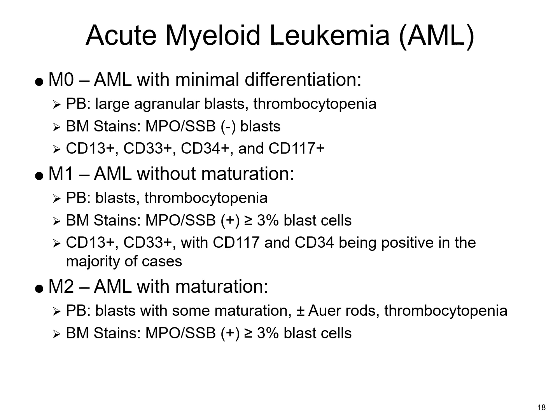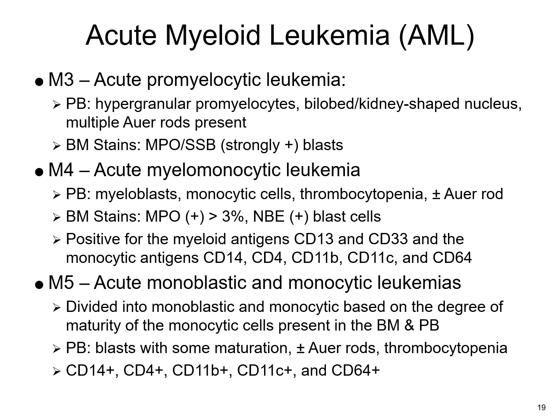I'm just going to briefly run through them as far as what you're looking for, something that stands out. Again, you've got those CD markers. You can see some consistency with the same ones having the same positive CD markers. With your M2 or your AML with maturation, you may or may not have those Auer rods present.